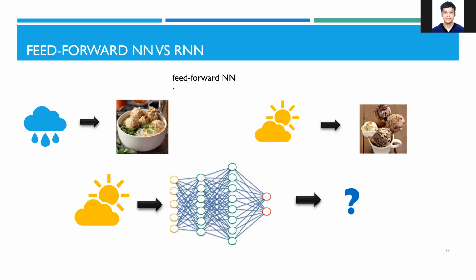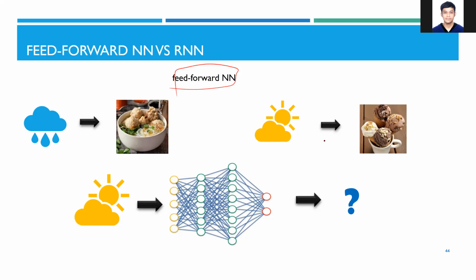Okay, for a feed-forward network, for example, the problem is I want to guess what Dr. Yogi will eat, depending on the weather. If it is rainy, then he will eat some soup, Indonesian meatball soup.